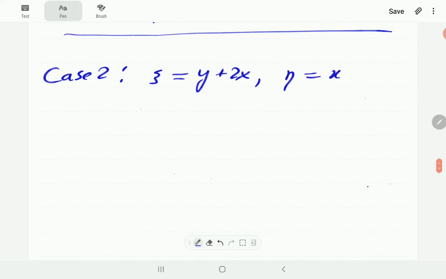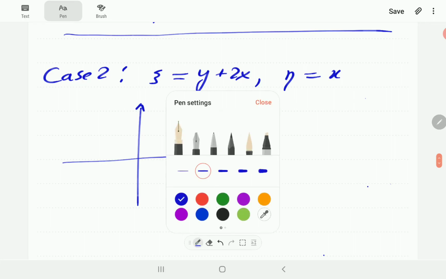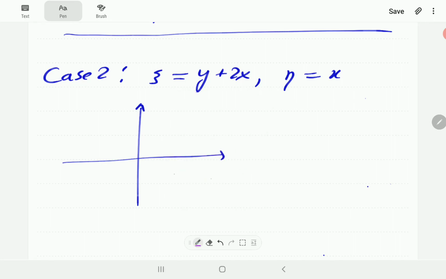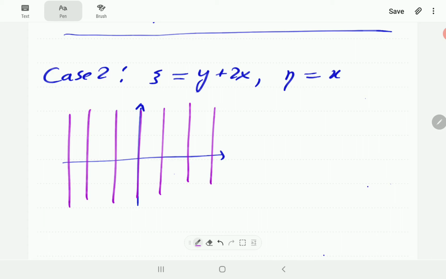In terms of what these coordinates are going to look like graphically, if you choose eta to be x, that means your canonical coordinate, the x equal to constant, is just going to be the same as eta equal to a constant.